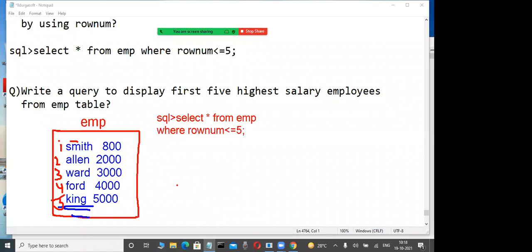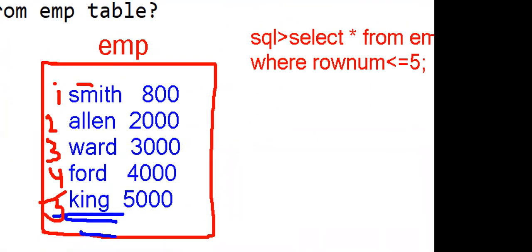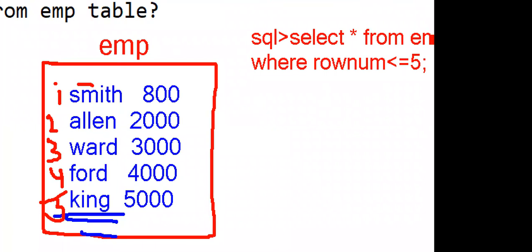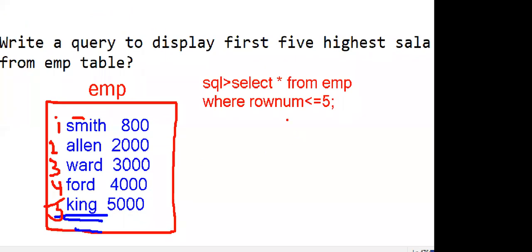I want to display the first 5 highest salary employees, but ROWNUM doesn't know which one is the highest salary and which one is the lowest salary. ROWNUM only works based on some mechanism, which we will learn tomorrow. Based on these numbers only it is working. So your server doesn't know which is the highest or lowest salary.